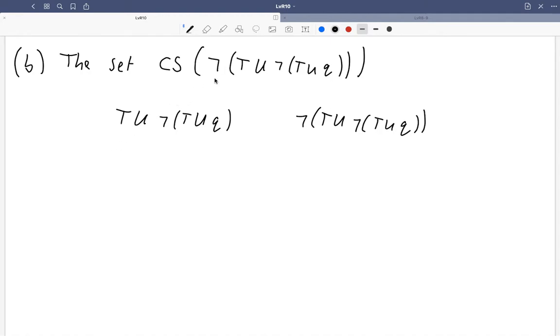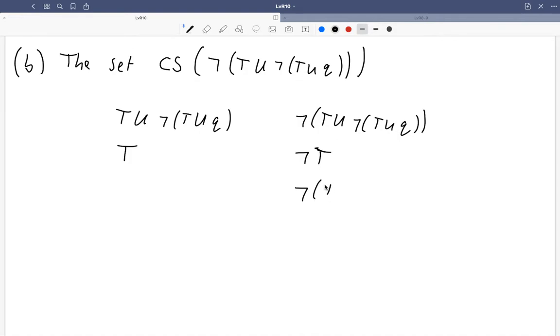And then we've got an until operator in phi. So we have either side of the until operator and their negations. So we have true and not true. And we have not true until q. Let me put this on the right hand side because it's a negation.